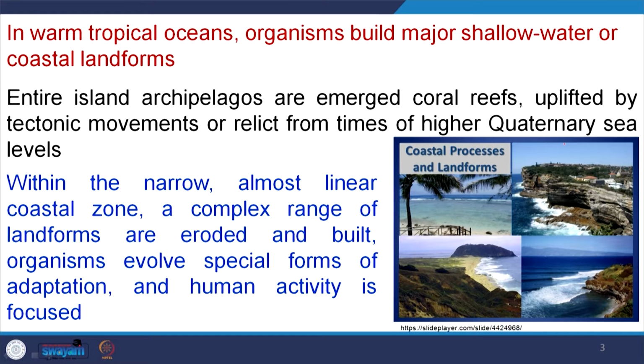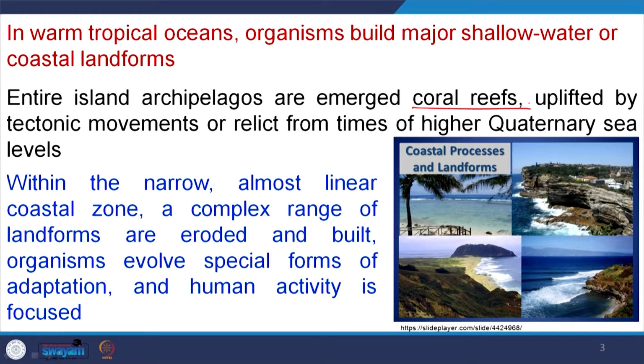Mostly the organic landforms are confined along these warm tropical oceans. Entire island archipelagos are merged coral reefs uplifted by tectonic movement or by relatively higher Quaternary sea level. These coral reefs are very sensitive to the warm water environment.